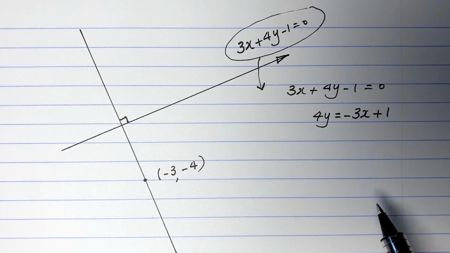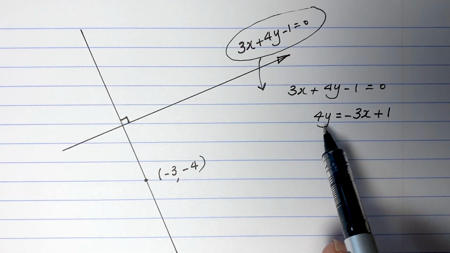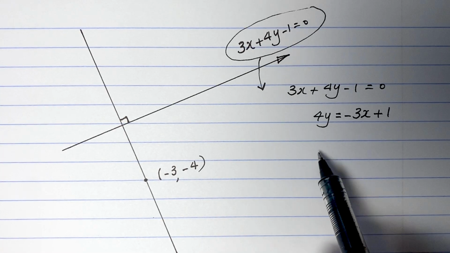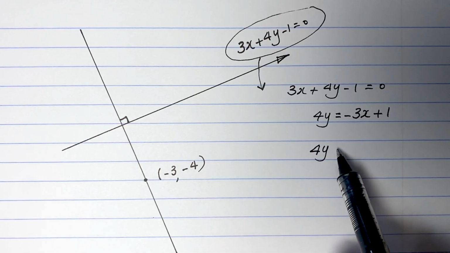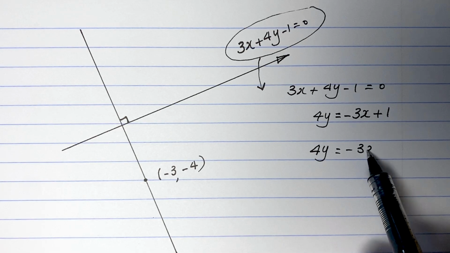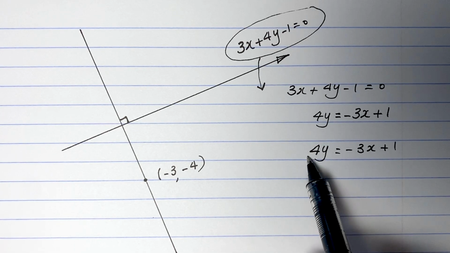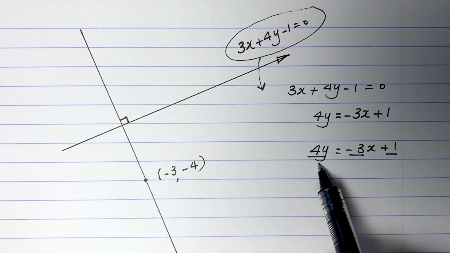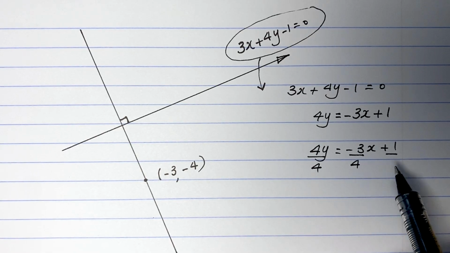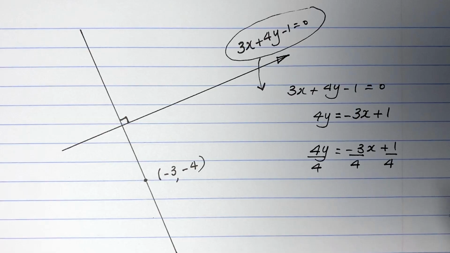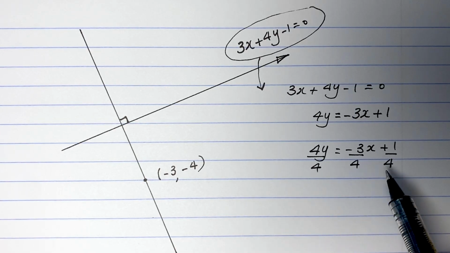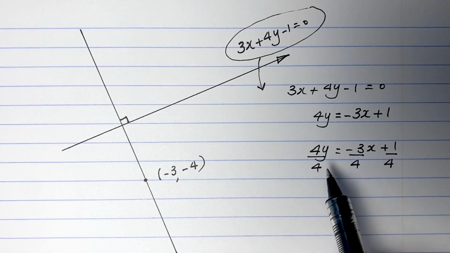I still haven't got the value m because y is not on its own. So in order to make y the subject, I'm going to divide every term by 4. This way, you're not upsetting the equation. The equation remains balanced.